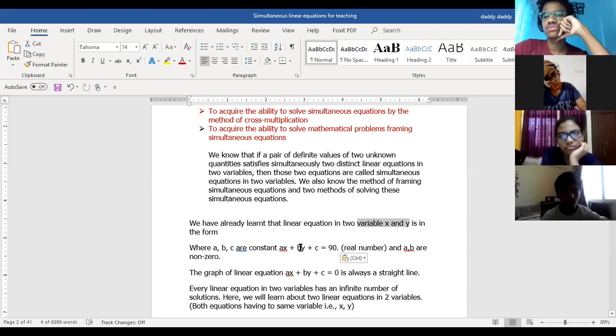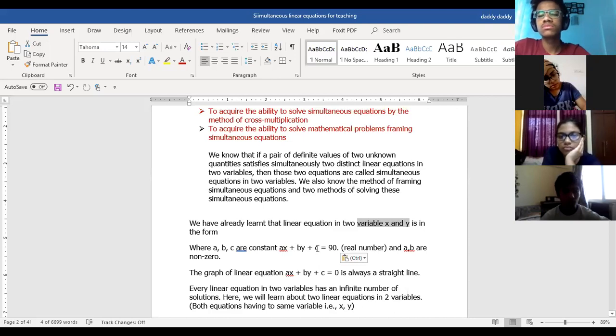So for that to happen, a and b should not be equal to 0, because the moment a is 0 or b is 0 or both are 0, your x and y terms will be gone, because anything multiplied with 0 gives 0. So if in place of a or b I put 0, your x and y terms will be finished. So that means at no point can a and b take the value 0.